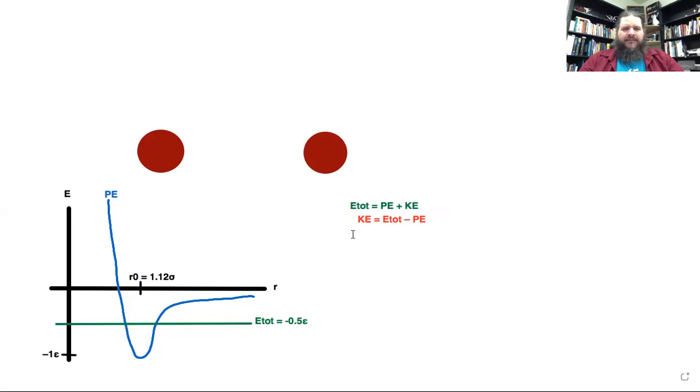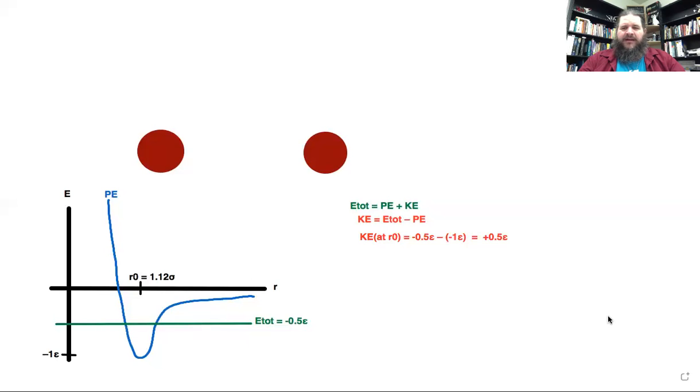If you fill that in, kinetic energy at R naught will be E total, -0.5 epsilon, minus potential energy, which is -1 epsilon at that location. So add those or subtract those, we get +0.5. So we at least know that at R naught.